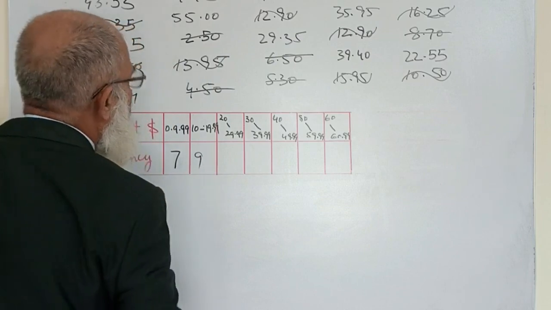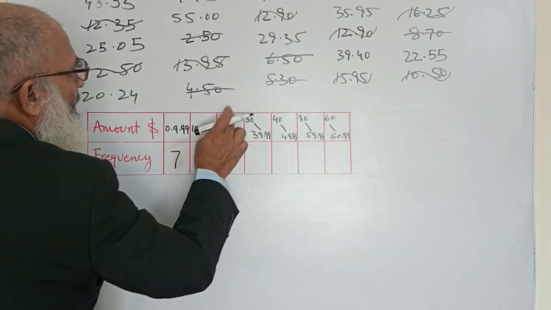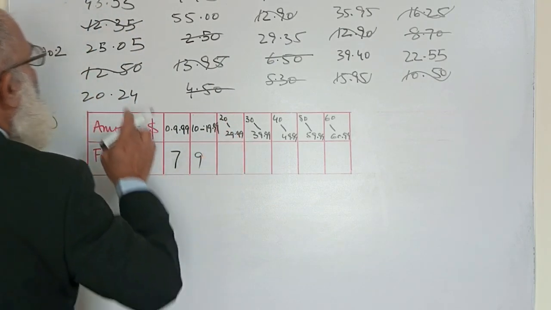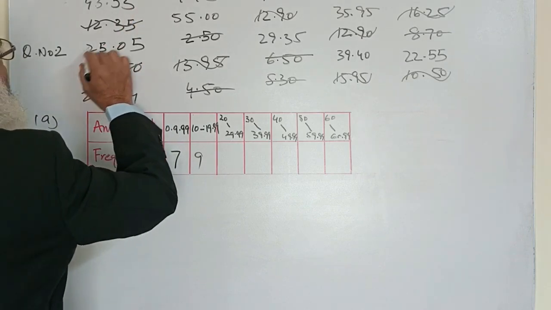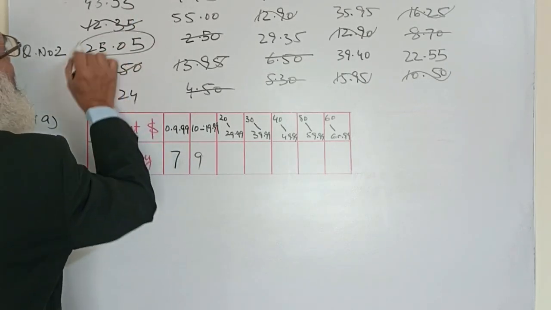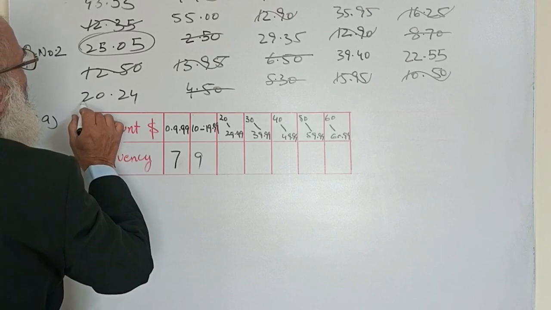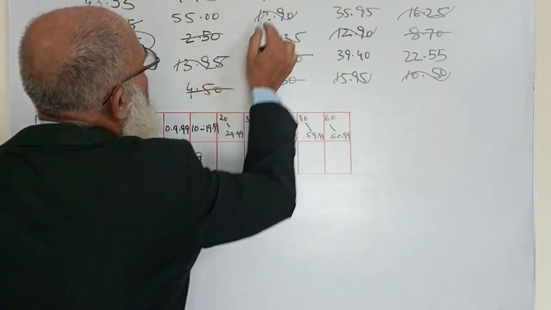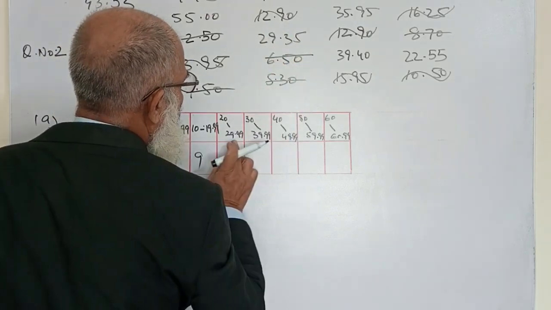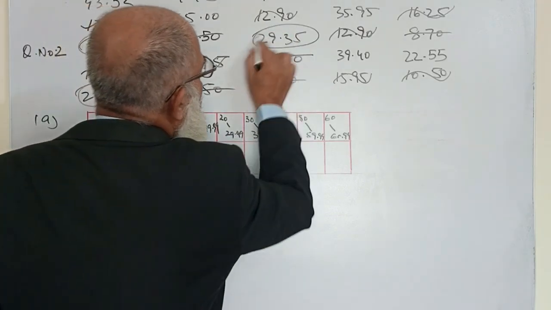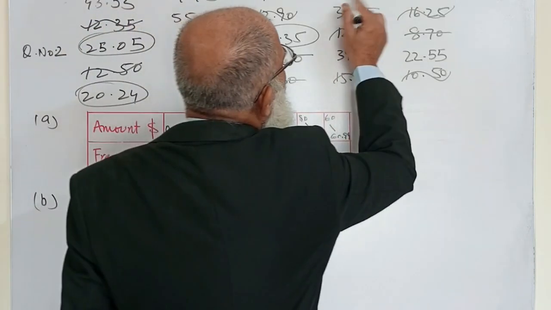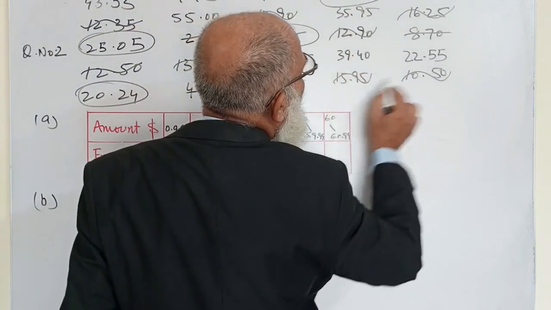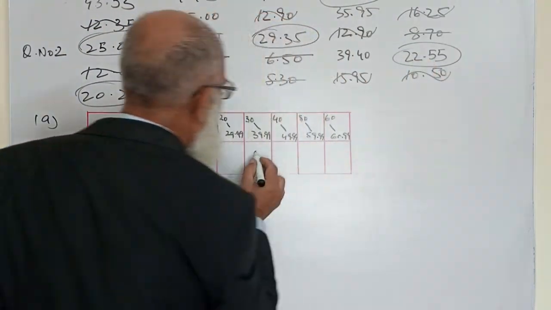There are nine people. 20 to 29: one, two, three, four, five.